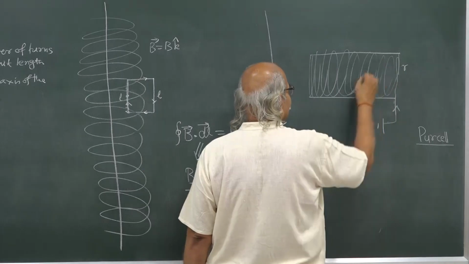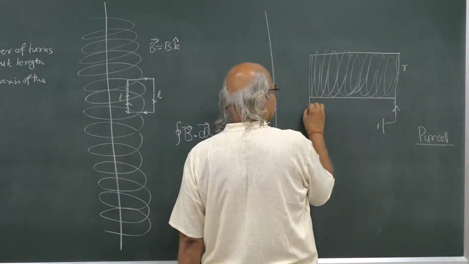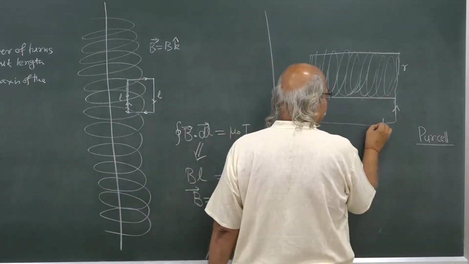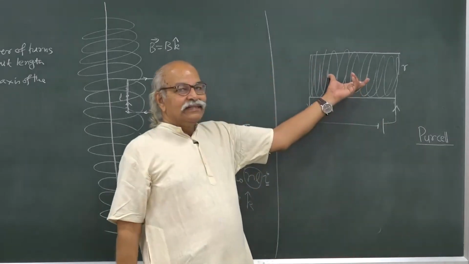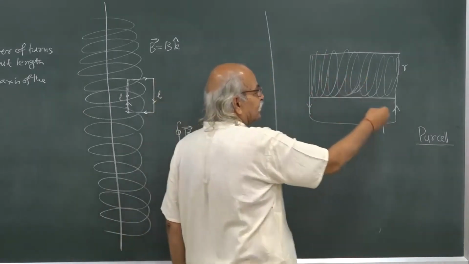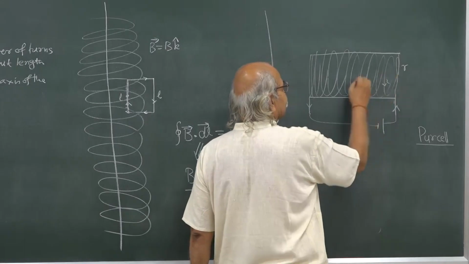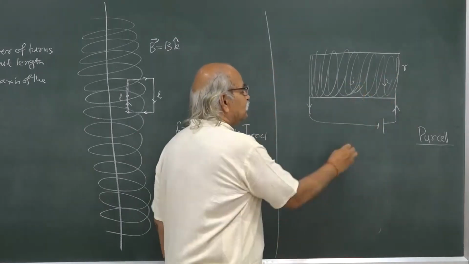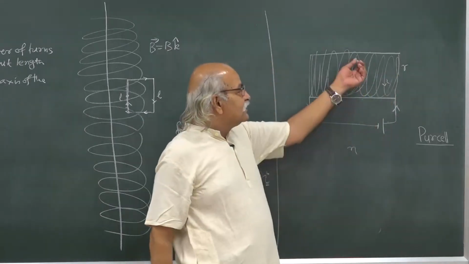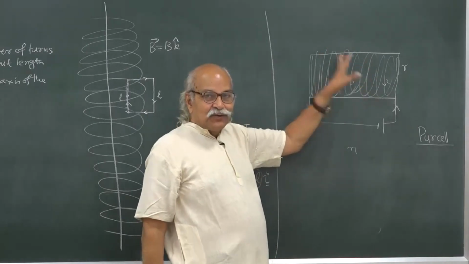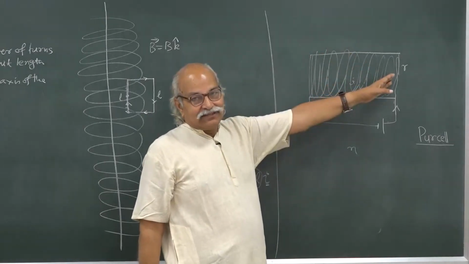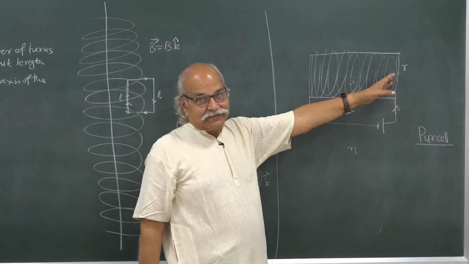So, current is going this way and then current is coming this way, and that is all. So, this is the solenoid. Each turn carries a current I, that is fine. You have n number of turns, very tightly wound, the only thing is that the length is finite.